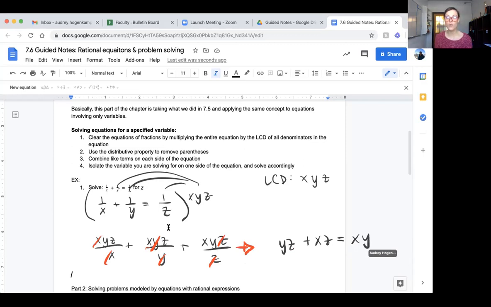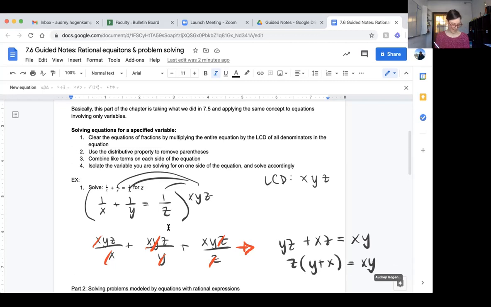And now I want to go ahead and solve for z. And so in order to do that, I'm going to need to isolate that variable in particular. If I look at the left side of my equation, I can see that both of my terms contain a z. So I'm going to go ahead and factor out a z. And I'm going to be left with y plus x equals xy.